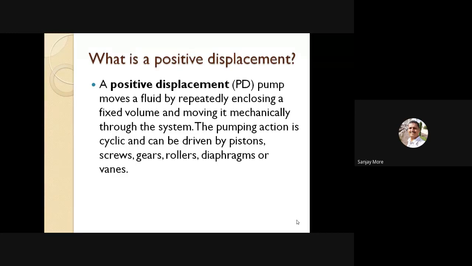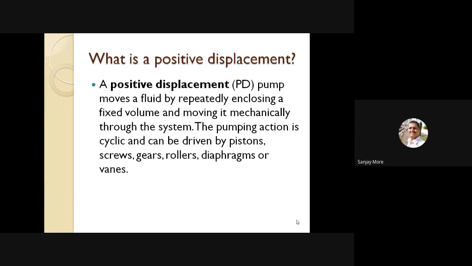Mechanical systems are used in that: screws, gears, rollers, diaphragm or vanes. Basically, pistons and cylinders are used in positive displacement flow meters.